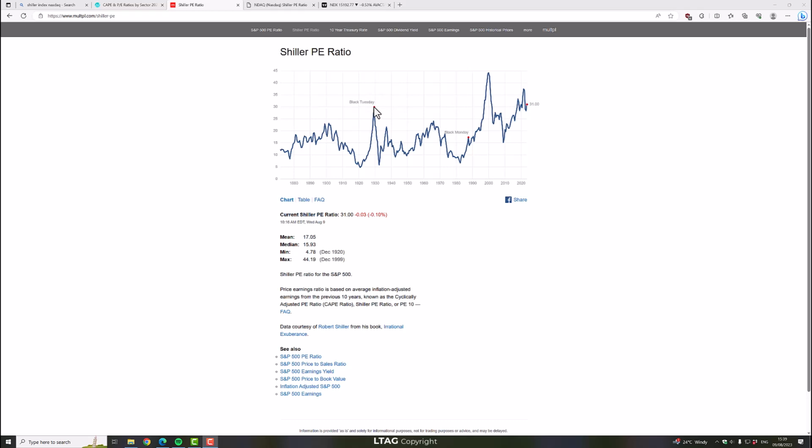Black Tuesday was the Great Depression in the late 1920s, and currently we're around the same level as that in terms of aggregate sentiment in US markets.